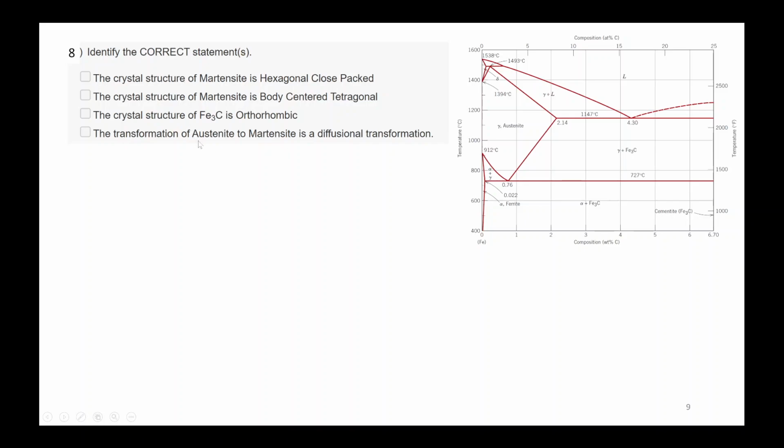So first and last statements are incorrect. Your martensite is BCT type of structure. HCP is in case of epsilon carbide, and transformation of austenite to martensite is not a diffusional transformation. It is a non-diffusional transformation, a thermal type of transformation.